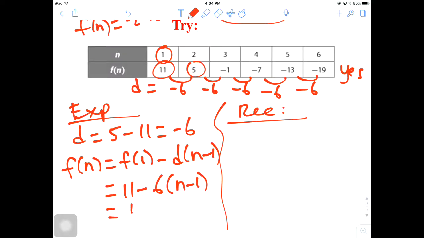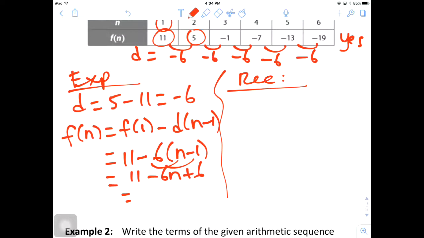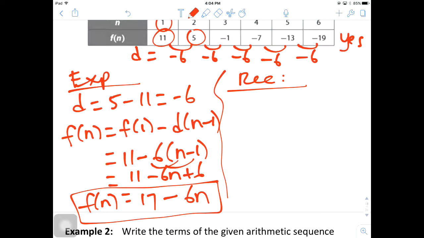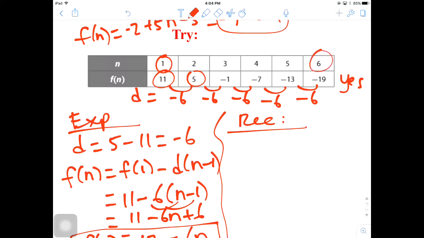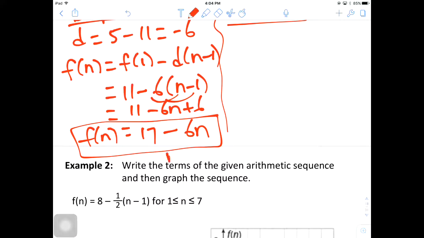Doing the math, distributing it, -6n plus 6. 11 plus 6 gives me 17. So I have f of n equals 17 minus 6n as my final formula for the explicit rule. And this one goes from n equals 1 to 6, right? So n goes from 1 to 6.